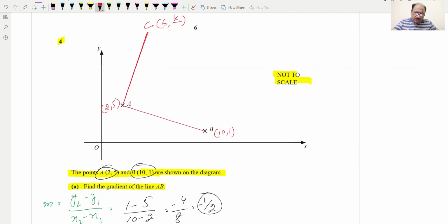Now we know that this line is passing through A, and because this is perpendicular to line AB, the gradient of line AC will be the reciprocal with the sign changed of the gradient, and we will be taking the point (2, 5) and finding the equation of AC.